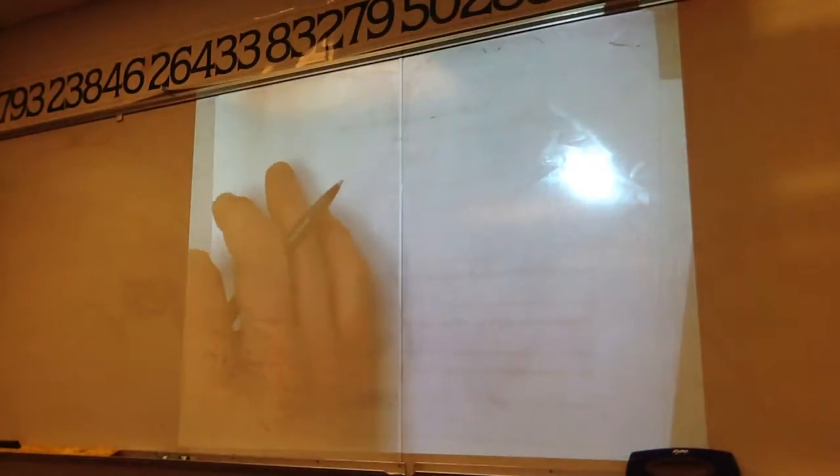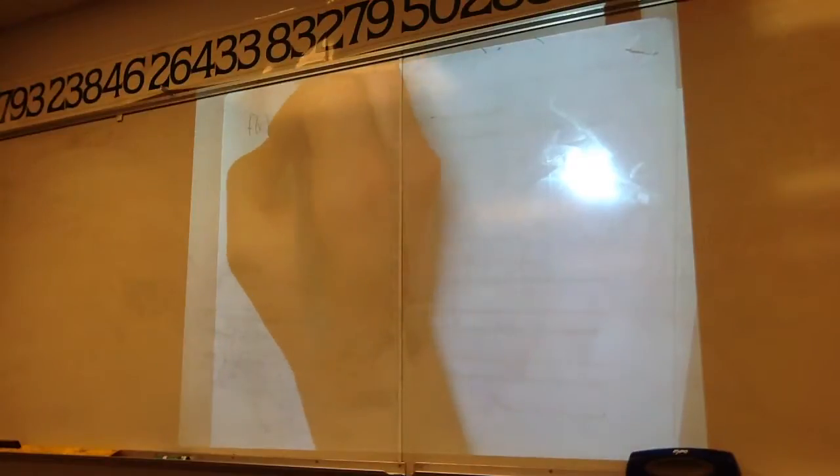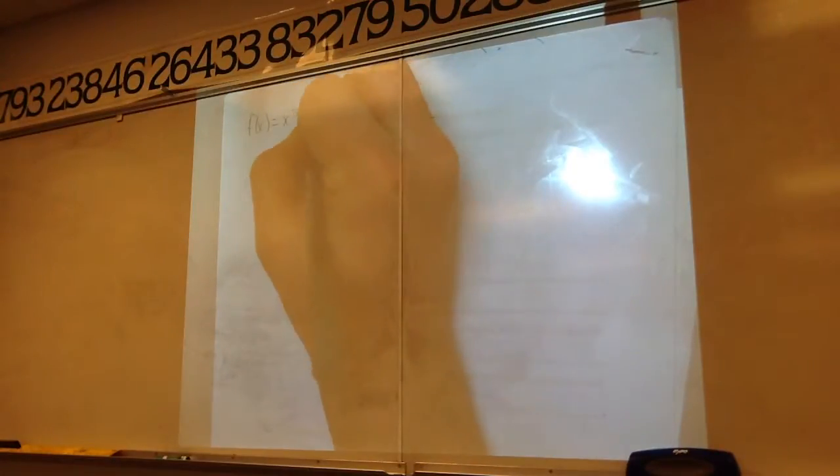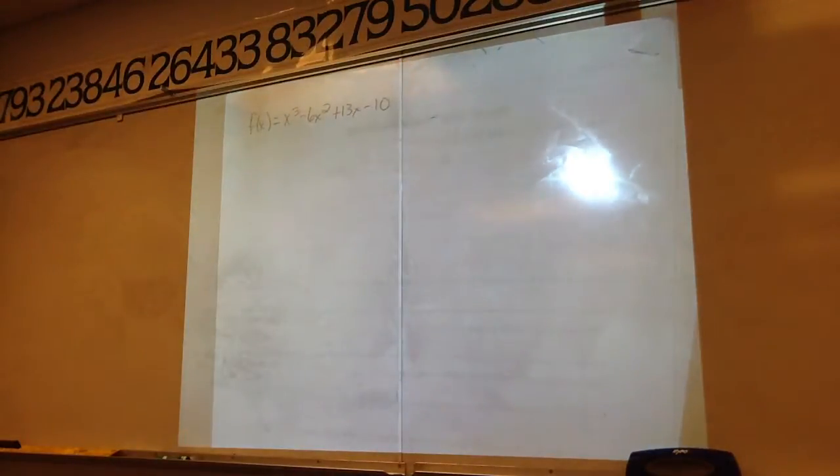Would you like another example of how to do that? Sure. Here's an easy one. So if we're trying to find all the zeros, what do we know?